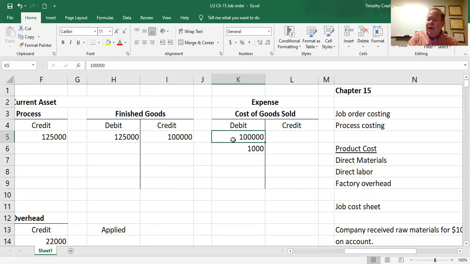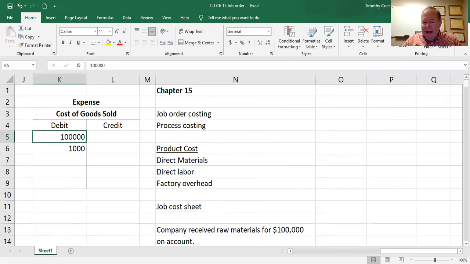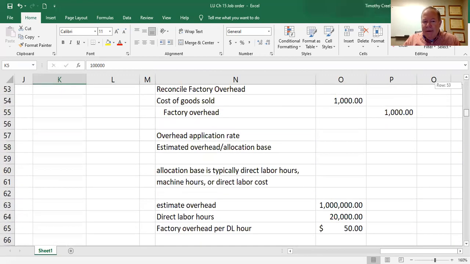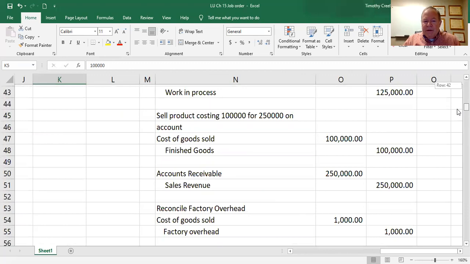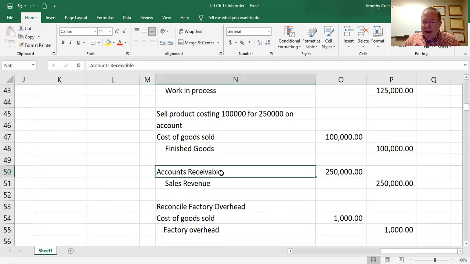And as long as we own it, it sits in inventory. It's a current asset. But once we sell it, it moves out of inventory and moves over to cost of goods sold. Then also we would record the sale. And notice that this was a sale on account. So we would basically debit accounts receivable and credit sales or sales revenue for $250,000.